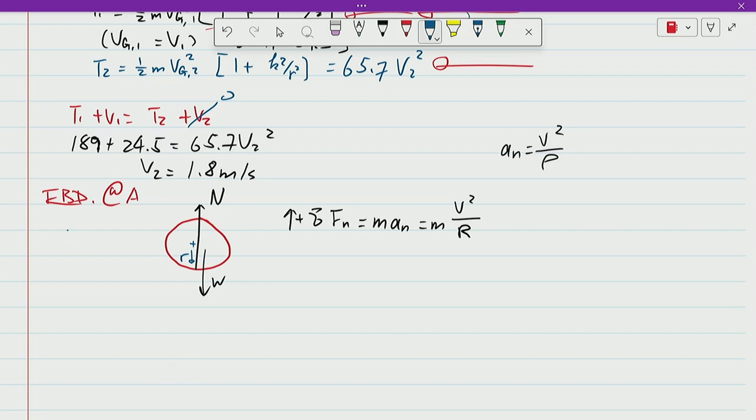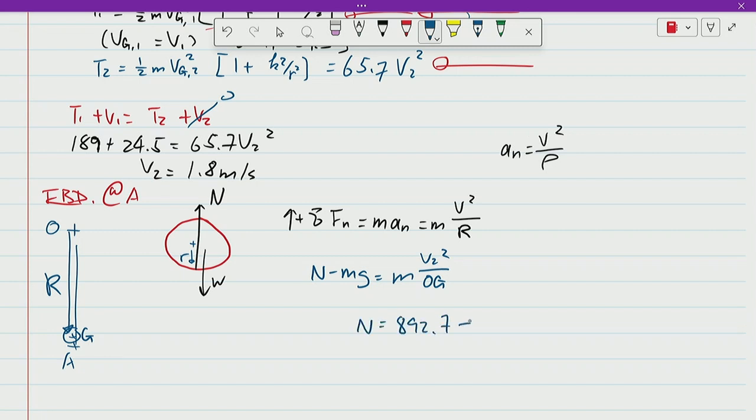You have to look at the whole picture, where this is the actual big R from O to point G. So normal reaction minus mg equals m V2 squared divided by distance OG. N is equal to 892.7 plus 641.0, giving us a normal reaction of 1534 newtons, and voila.